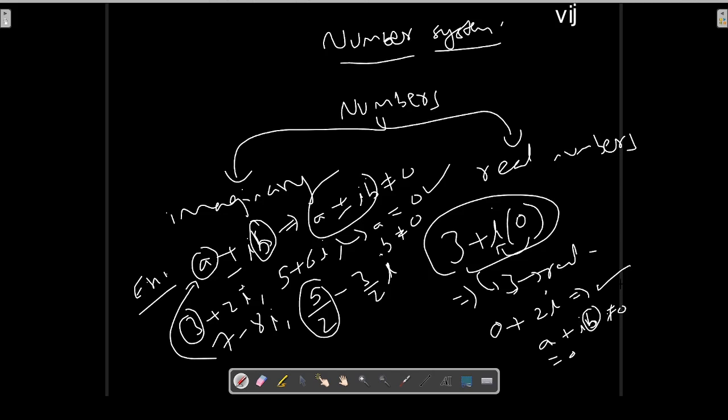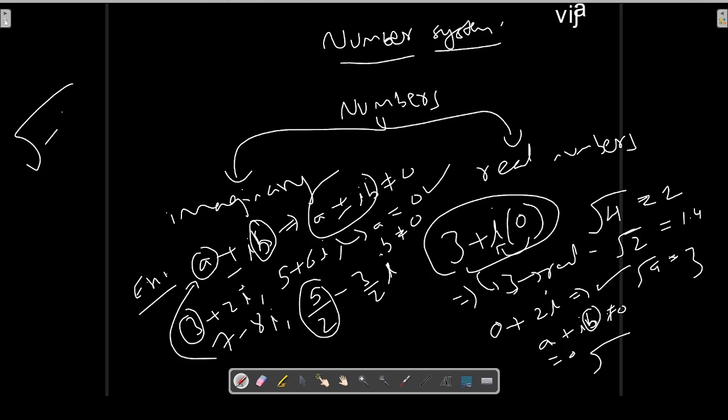Let's see some examples and the purpose of imaginary numbers. So how did the imaginary numbers concept come about? Suppose we want the square root of a positive number like root 4 or root 2 or root 9, we know that the result is always a real number and a known number. But what if we want the square root of a negative number?